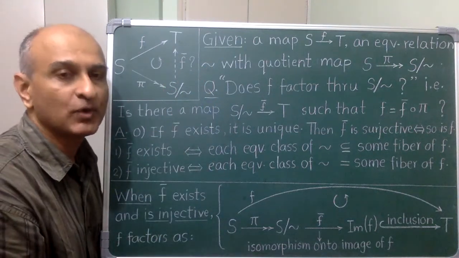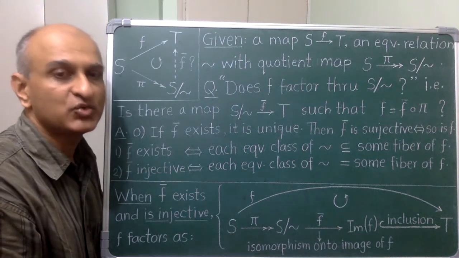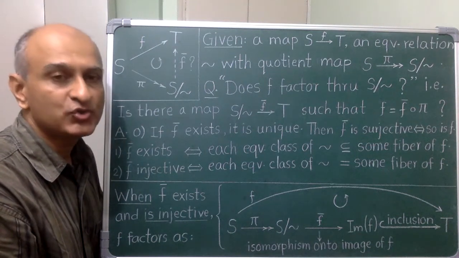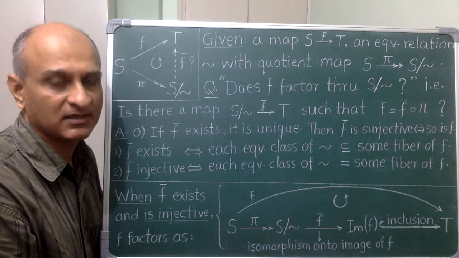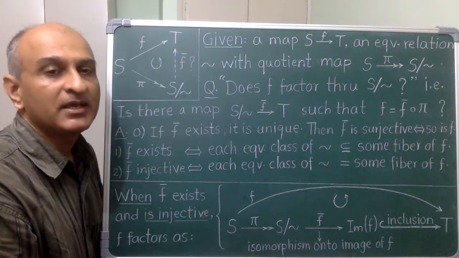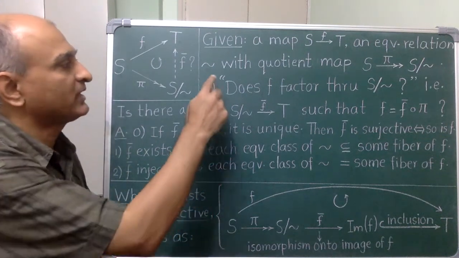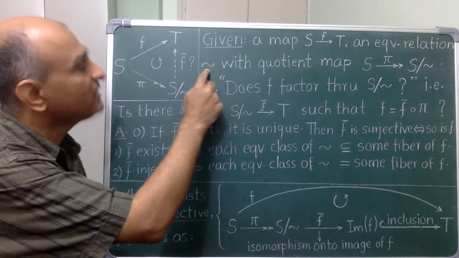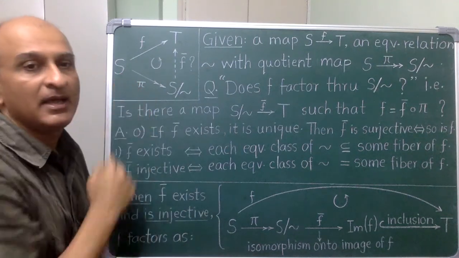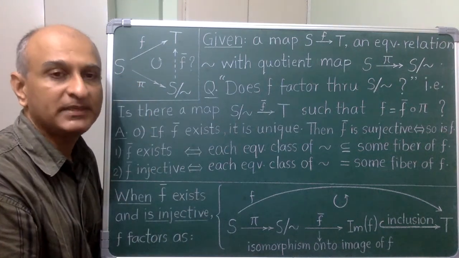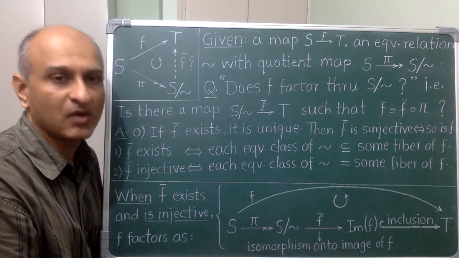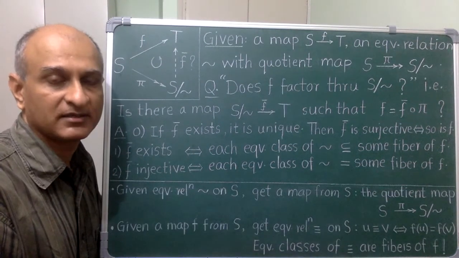So I want you to observe that each of these two kinds of data can be used to define data of the other kind. In other words, given an equivalence relation on S, I can define a function from S and vice versa. So please try to make this explicit now. This is not difficult.